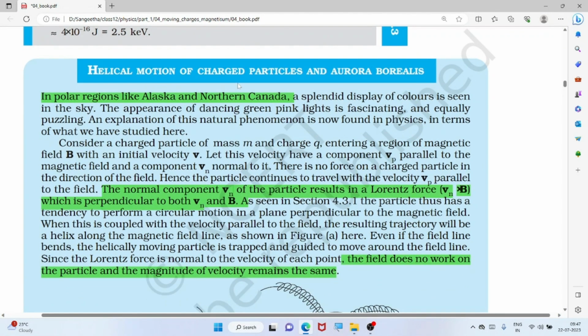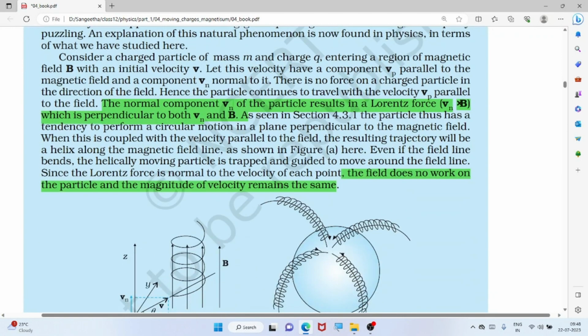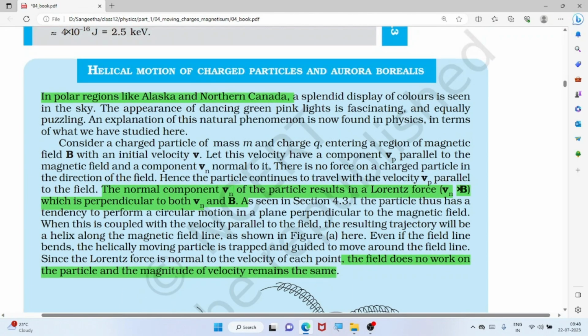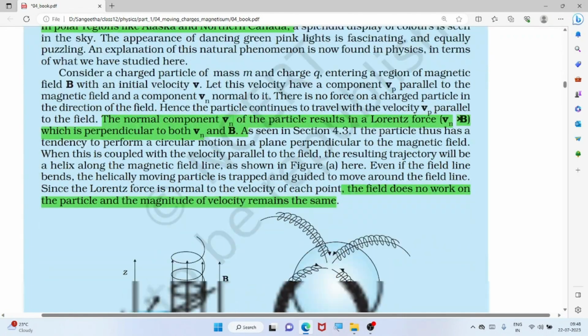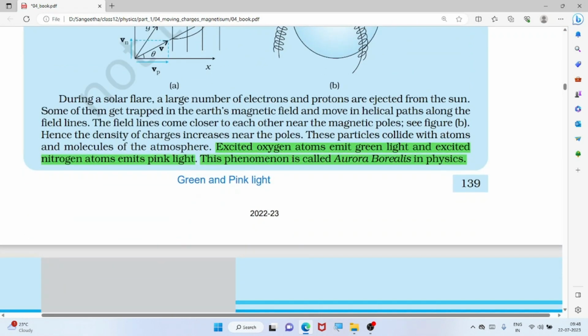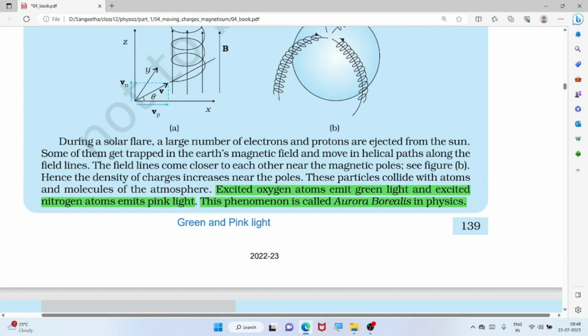Helical motion of the charged particle. Here in the polar regions like Alaska and northern Canada, we see the colored lights, green and pink, due to the collision of the charged particles converging on the poles.